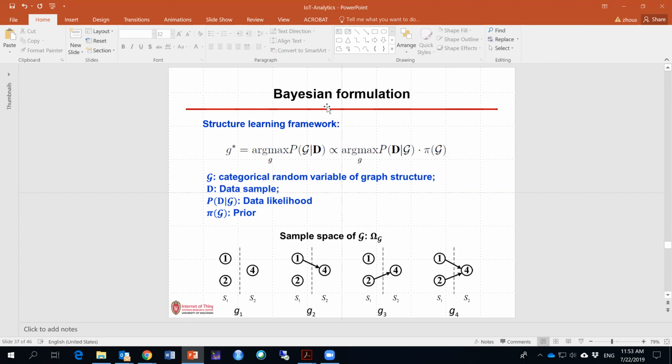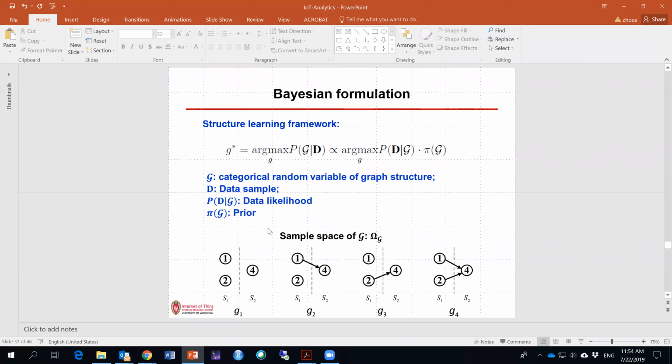And structure learning essentially is that we want to find the posterior distribution of this graph random variable by observing the data. Using the Bayesian formulation, the posterior distribution is proportional to the data likelihood multiplied by a prior distribution of the graph random variable. If we don't consider the historical data, essentially this prior π(G) is a user-specified prior distribution.